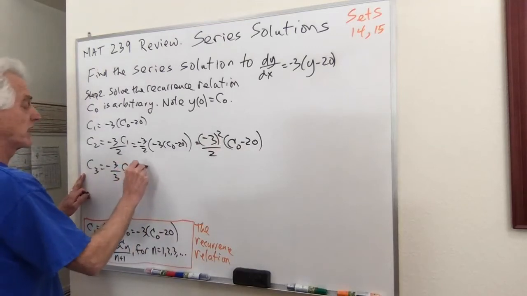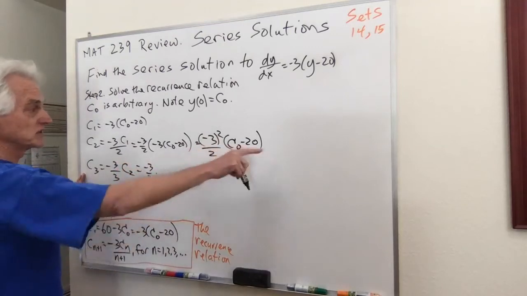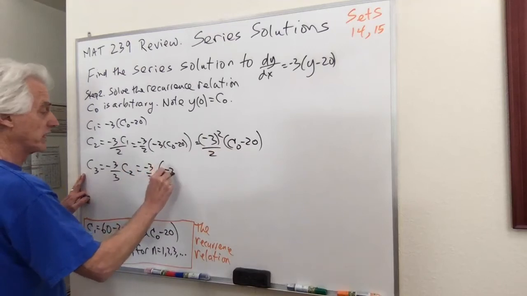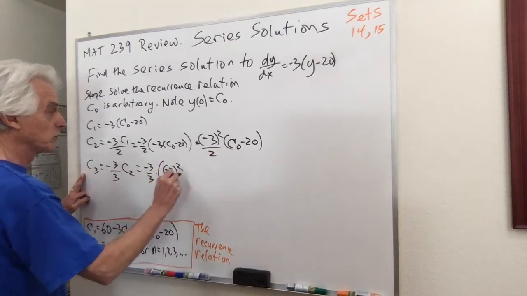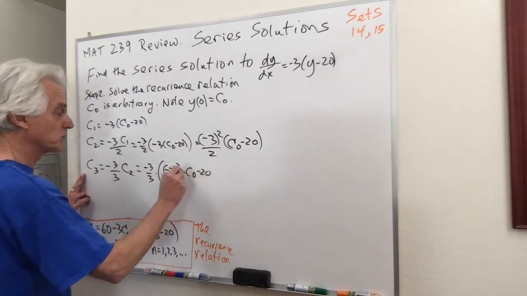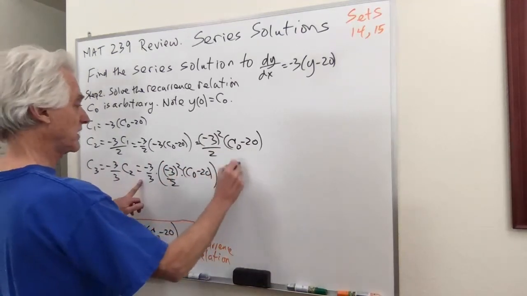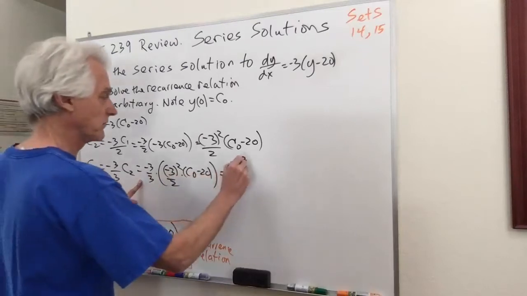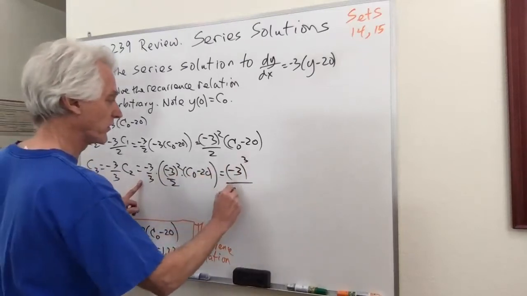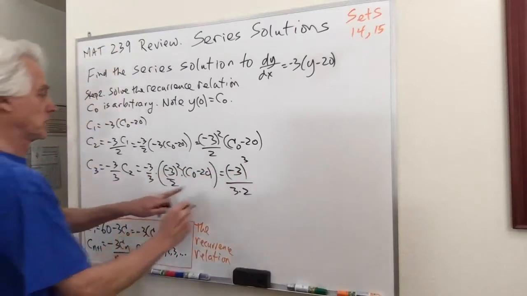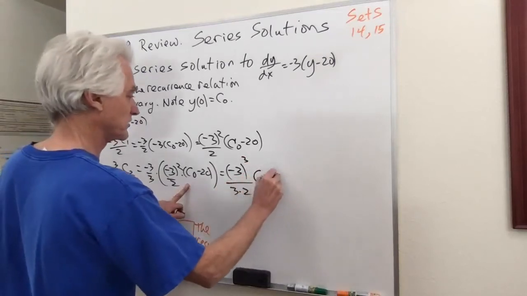So this is minus 3 over 3 times minus 3 squared over 2 times C0 minus 20. And what is that? Well, that means there's 3 factors of minus 3 cubed over 3 times 2 times C0 minus 20.